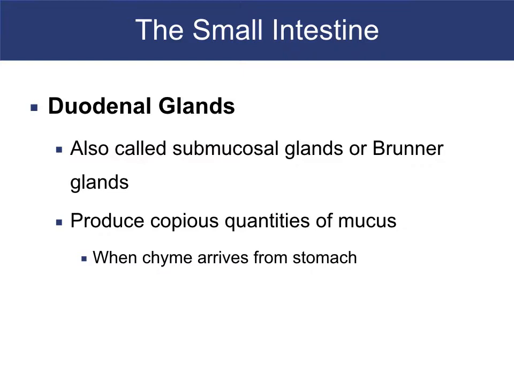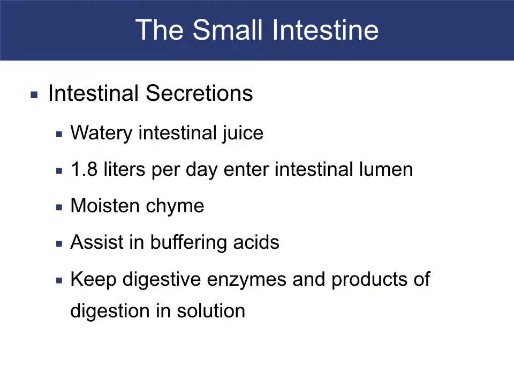And it's made in these glands called the submucosal glands of Brunner. Well, I hate eponyms. We can just call them the submucosal glands of the duodenum. But basically, they are there to make extra special, extra lots of mucus to protect it from that chyme arriving from the stomach, the really acidy stuff.